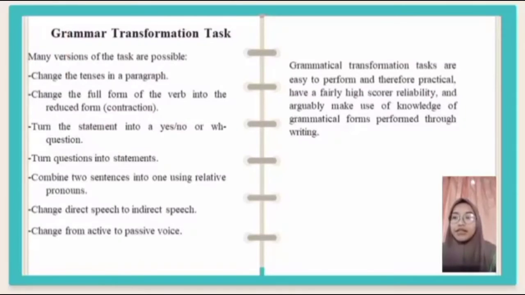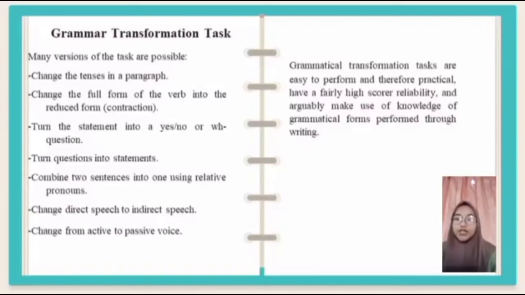Grammar transformation task. Many versions of the task are possible. Change the tenses in a paragraph. Change the full form of the verb into the reduced form, a contraction. Turn the statement into a yes or no question. Turn questions into statements. Combine two sentences into one using relative pronouns.